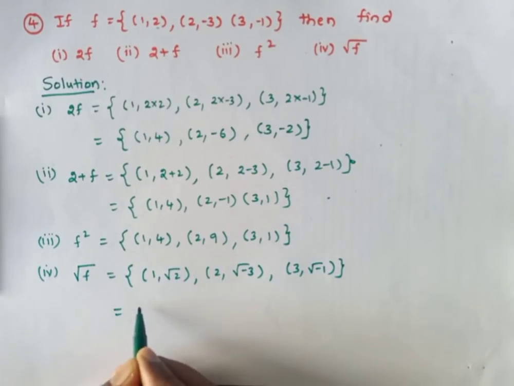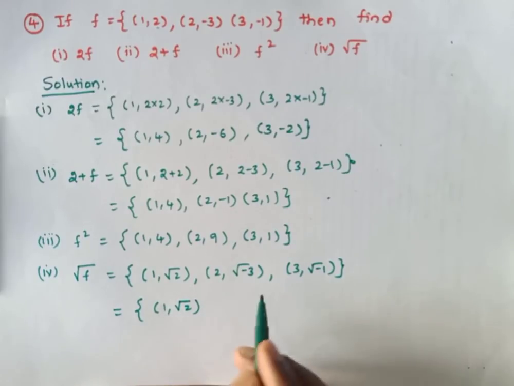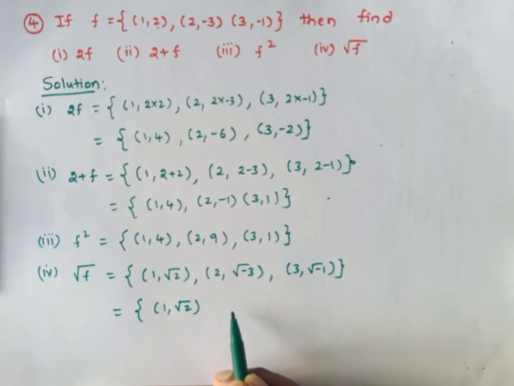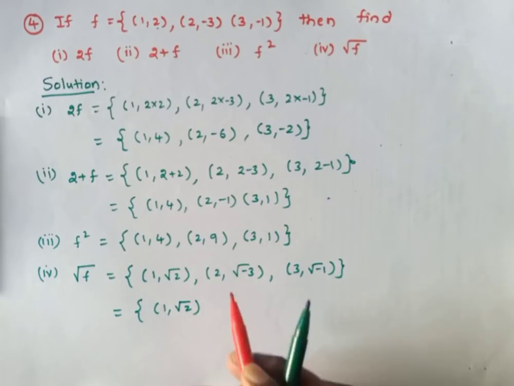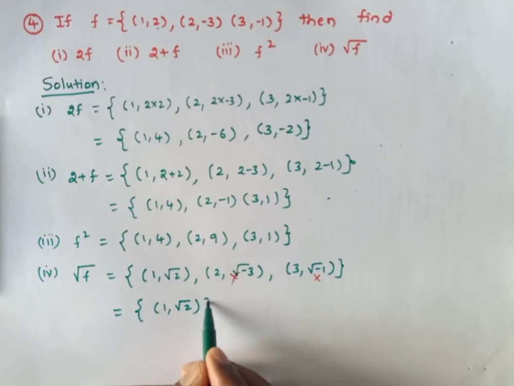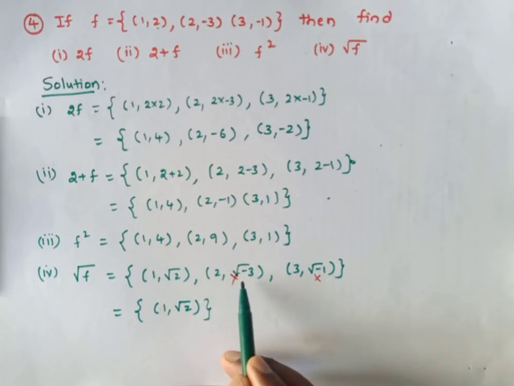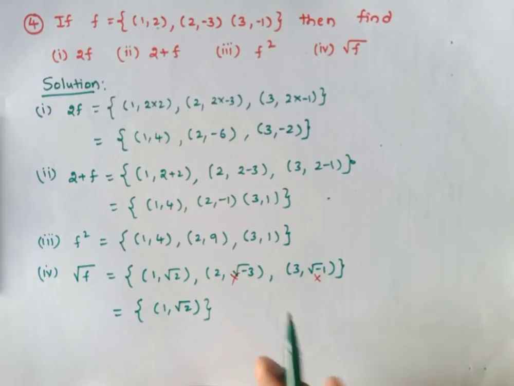And you know that the root of a negative real number is not defined, so these two values are not valid. Therefore the output contains only one ordered pair, 1 comma root 2, since the ones containing root of a negative number are not defined.